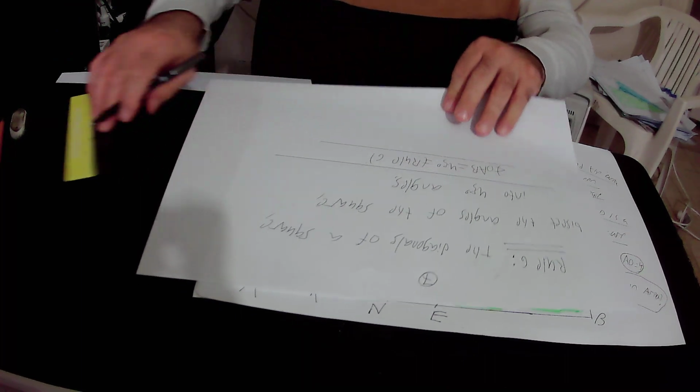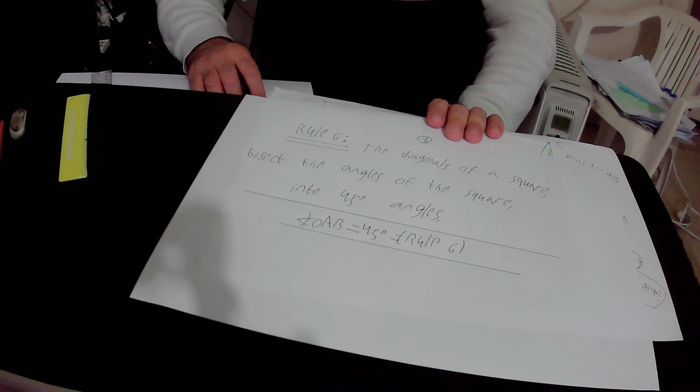We'll repeat again. Angle OAB equals 45 degrees according to rule number 6.